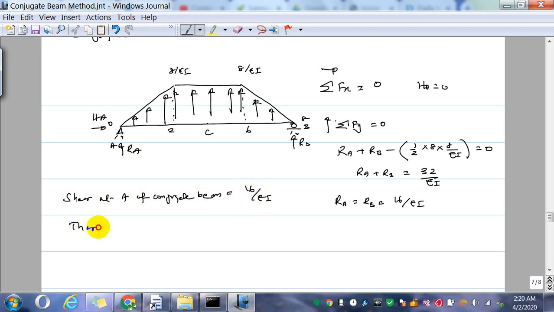Therefore, the slope at A, that is theta A, is equal to 16 over EI.